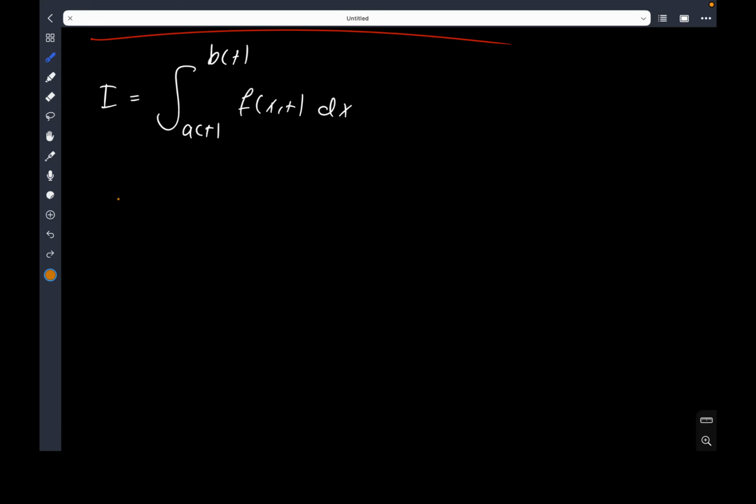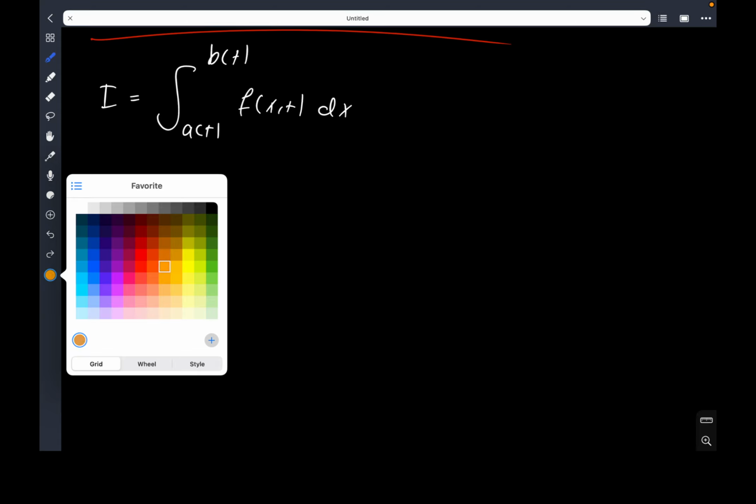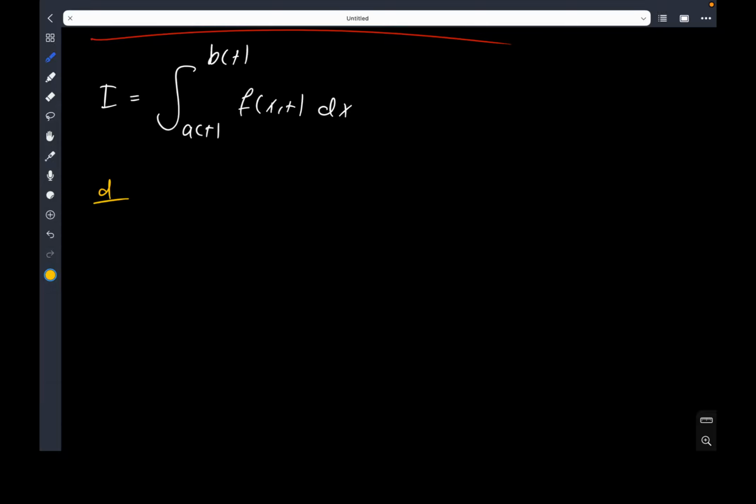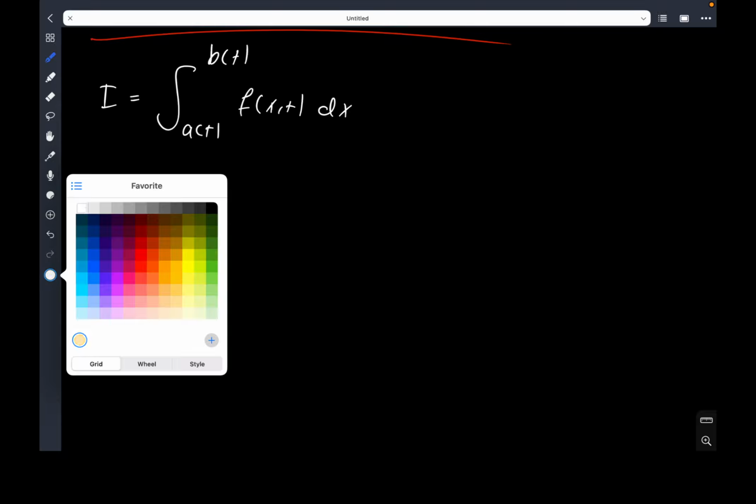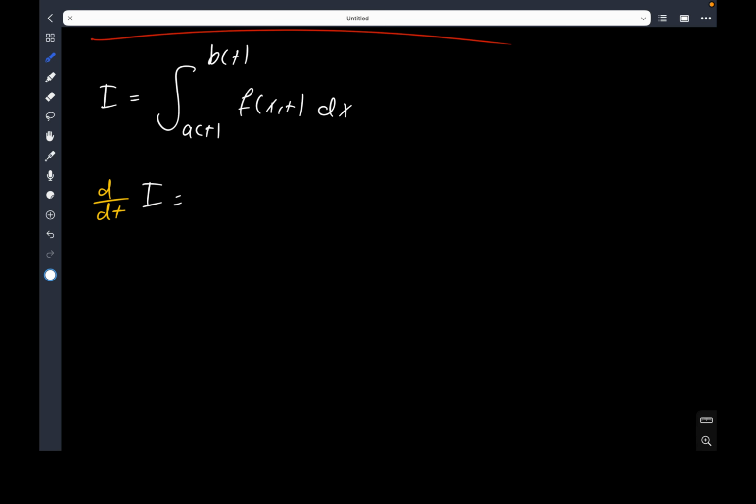Let me write it in this color. The derivative with respect to t of this definite integral. What am I going to do?